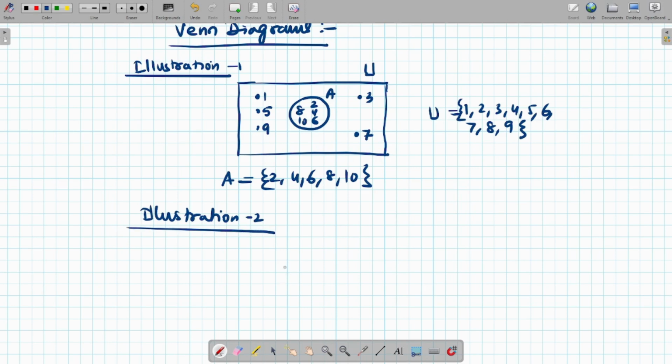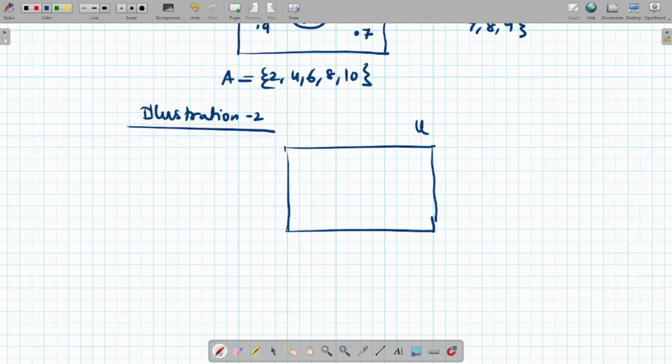In this, let us draw one universal set, U, and then the U would be capital U. We can say, okay, there is this small circle which is containing 4, 6, and then there is this bigger circle, say 2, 8 and 10.